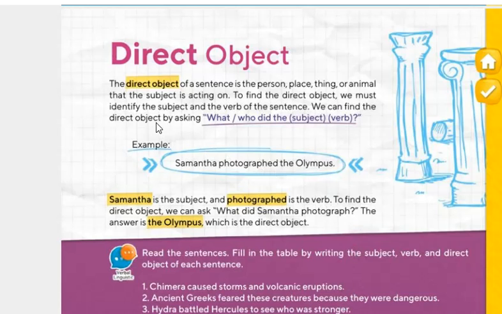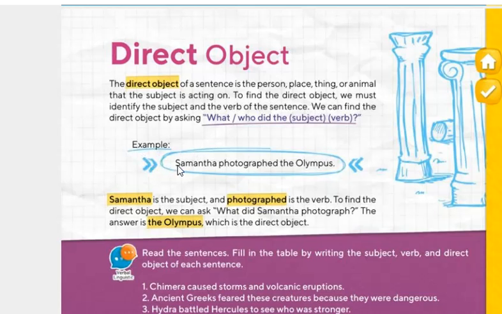This is language. The direct object of a sentence is a person, place, thing, or animal that the subject is acting on. To find the direct object, we must identify the subject and the verb of the sentence. We can find the direct object by asking what or who did the subject and the verb.